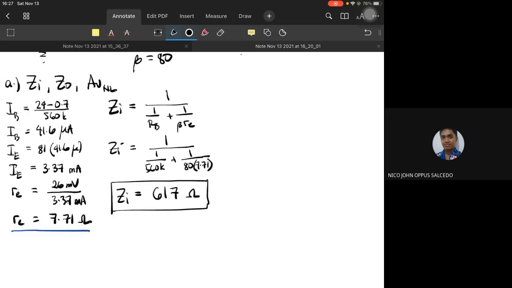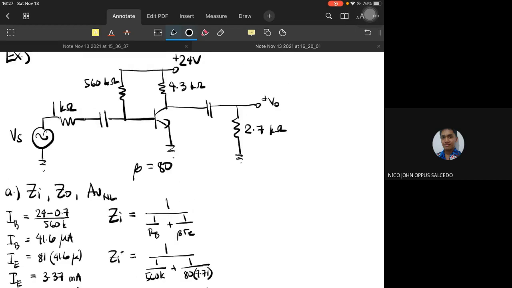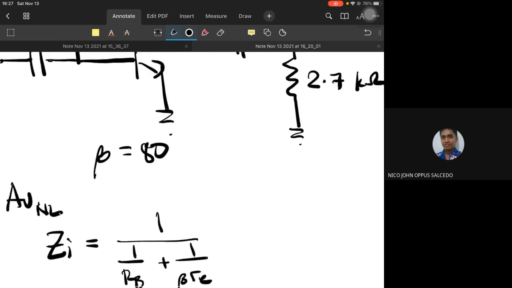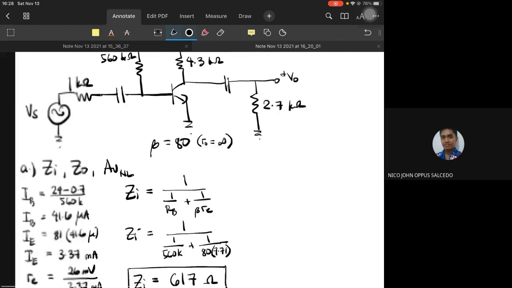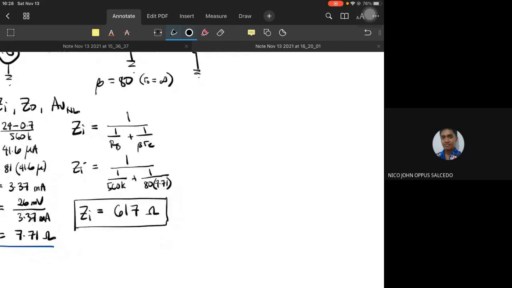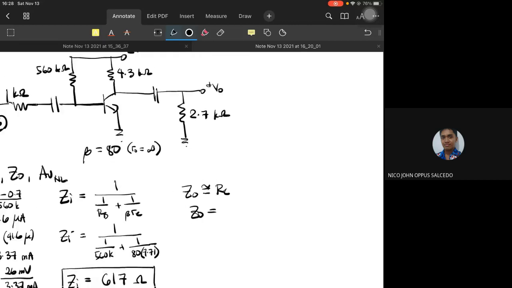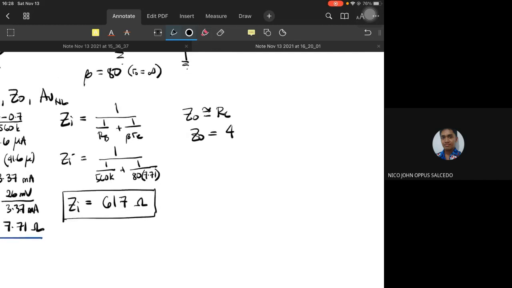So ZO. RO is not given, right? So maybe the assumption here, whenever RO is not given, is that RO might be infinity. So we can use ZO approximately equal to RC, which is 4.3 kilo ohms.